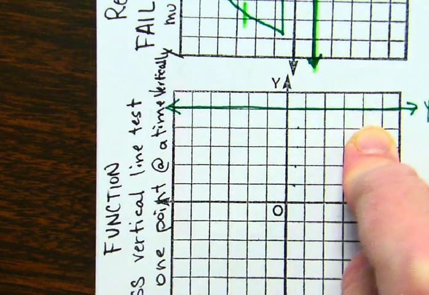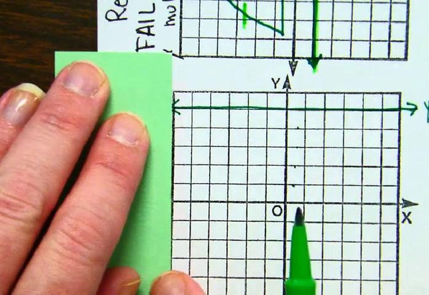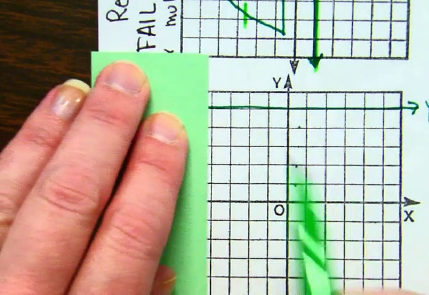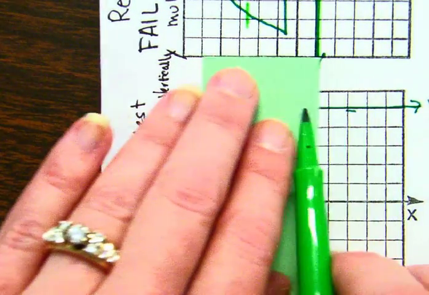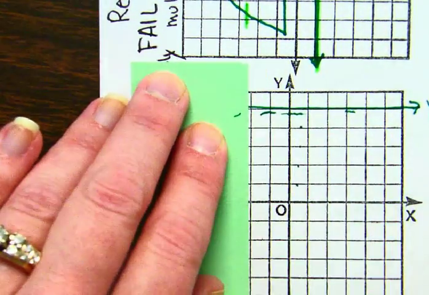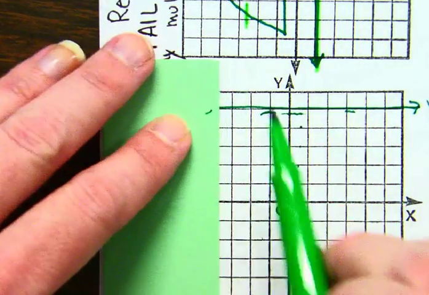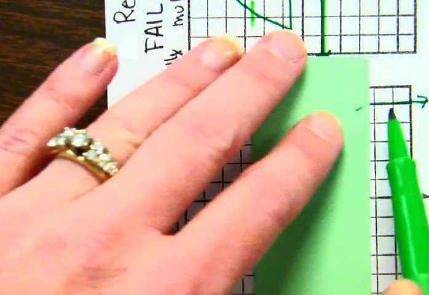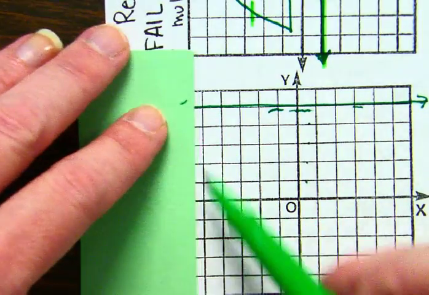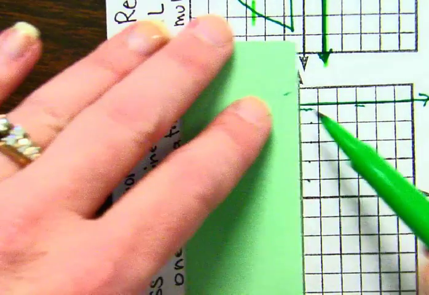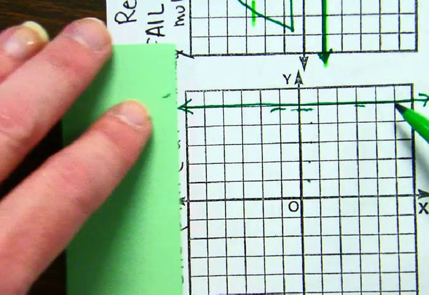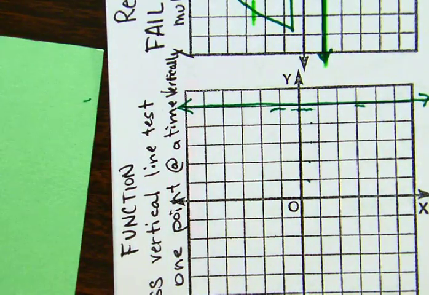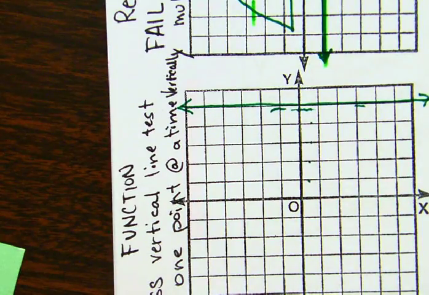And as I take my vertical line test, the edge of my paper, and run it over that graph, the only time my vertical line touches this green is just one time, 1 point at a time. It's not anywhere else. It's just right here. Okay, so what if I had a positive line?